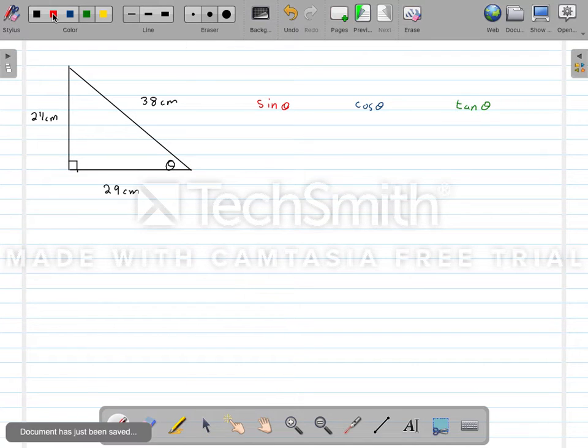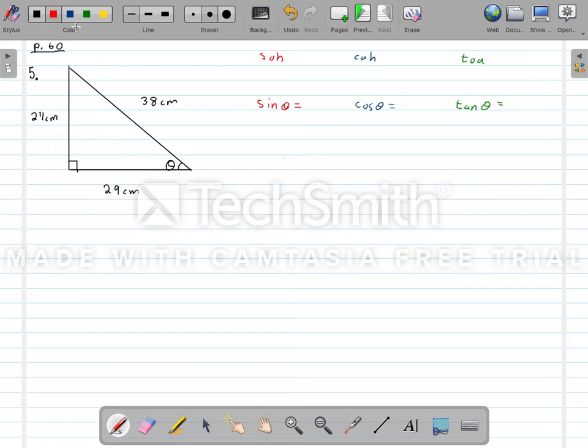Okay, first thing I would do is on the top of my page, write out my TOA. Now take a second and try to figure out what those ratios are.